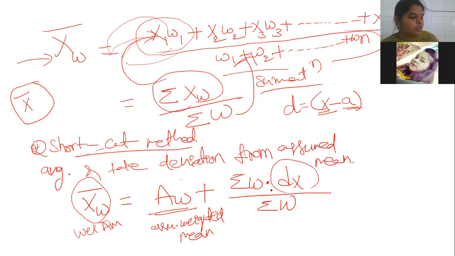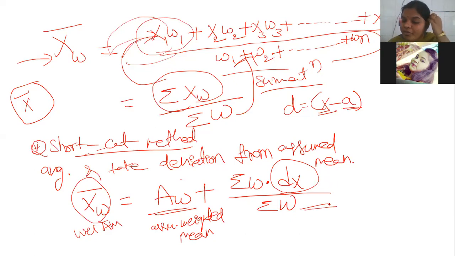Dx is the deviation of items from the assumed mean. W is the weights of various items.